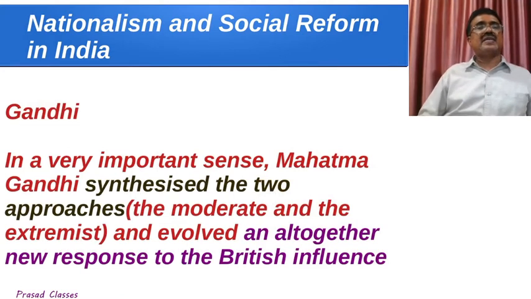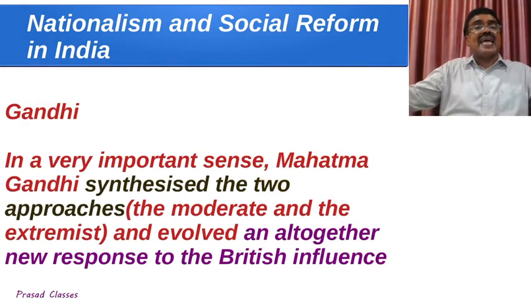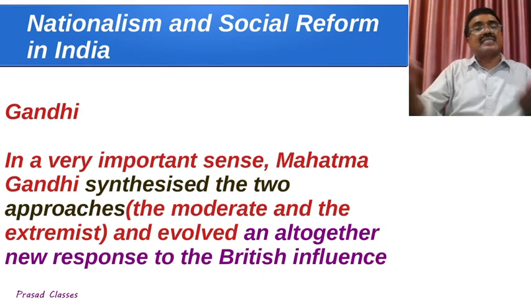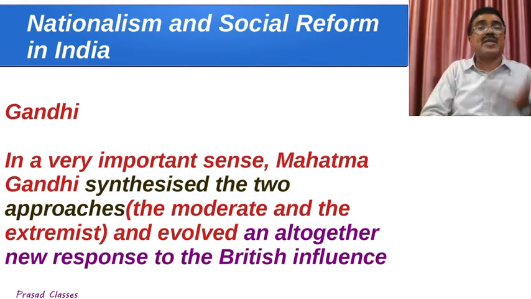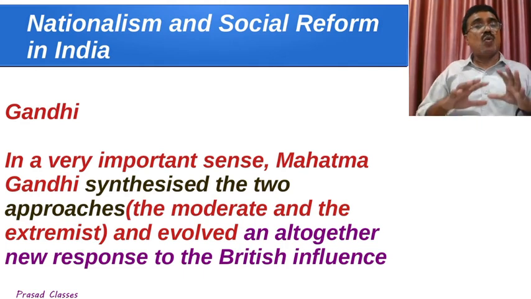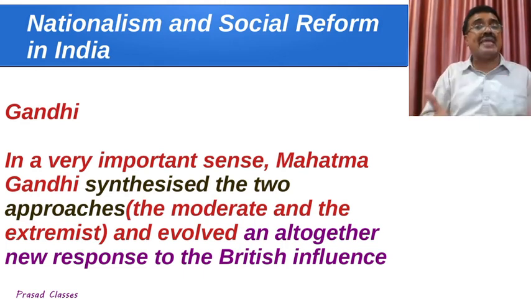In a very important sense, Mahatma Gandhi synthesized the two approaches, cultural nationalism and the liberal democratic traditions, or the extremist and moderate ideas. Gandhiji went on to combine them in his own fashion, with his own nature of organization and his own means, right?